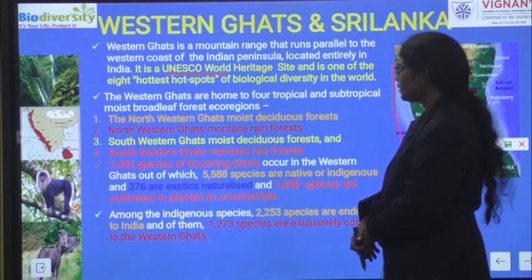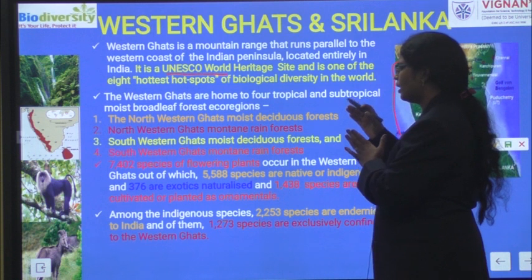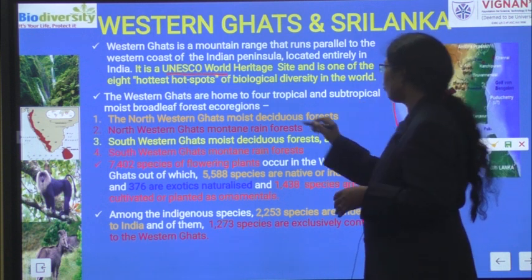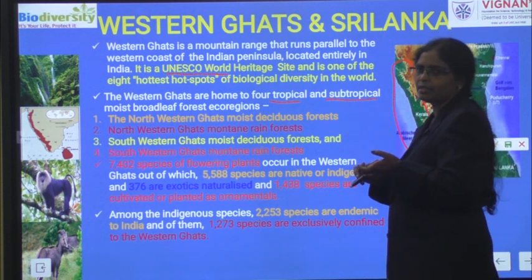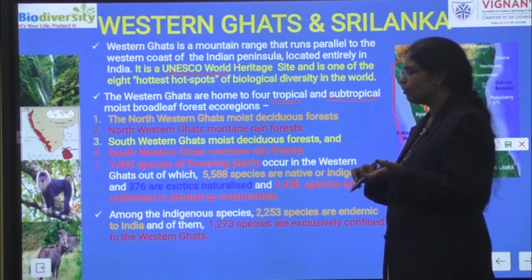Here we can divide this particular hotspot region into 4 tropical as well as subtropical moist regions, because of the large amount of water.